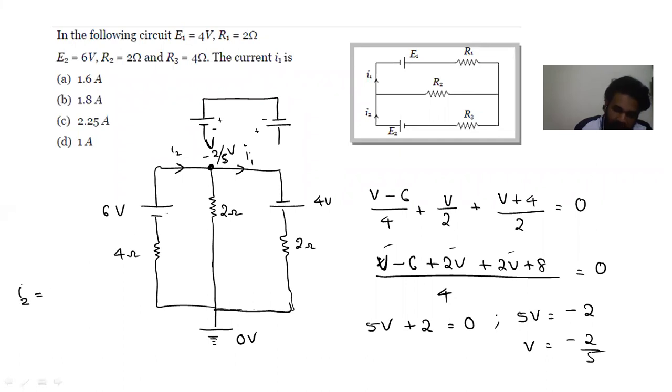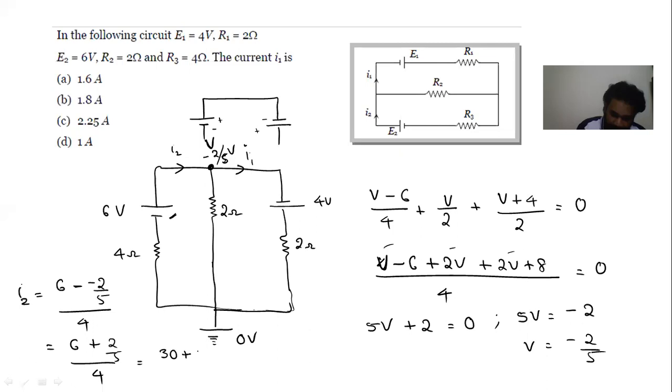So I2 is equal to this 6 volt, which is greater than this minus 2 by 5. 6 minus of minus 2 by 5, divided by 4. If we solve this, we get 6 plus 2 by 5 over 4, which is 30 plus 2 divided by 4 into 5, which is 20.